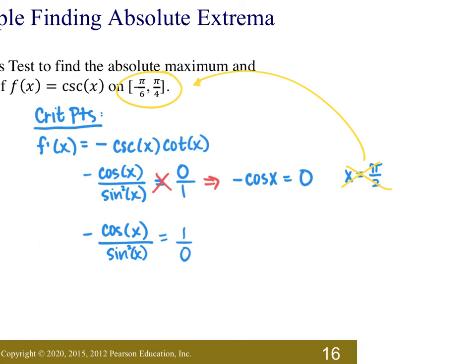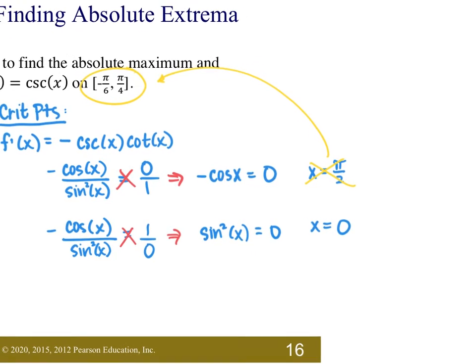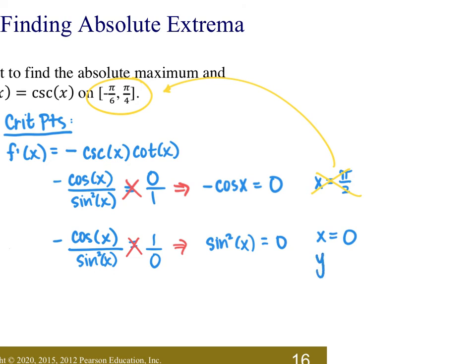Then we come back and we're going to cross multiply the other one. When I cross multiply that, I get sine squared equals 0. So I square root both sides and I solve, and x is 0. This one is in the interval between negative pi sixths and pi fourths, so we can find the y value for that.